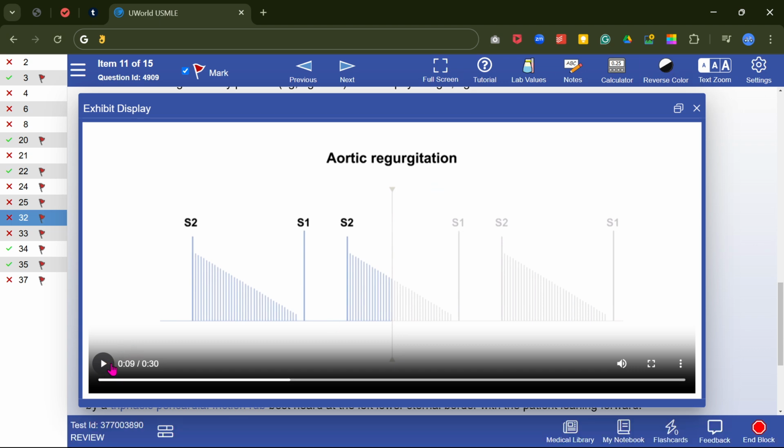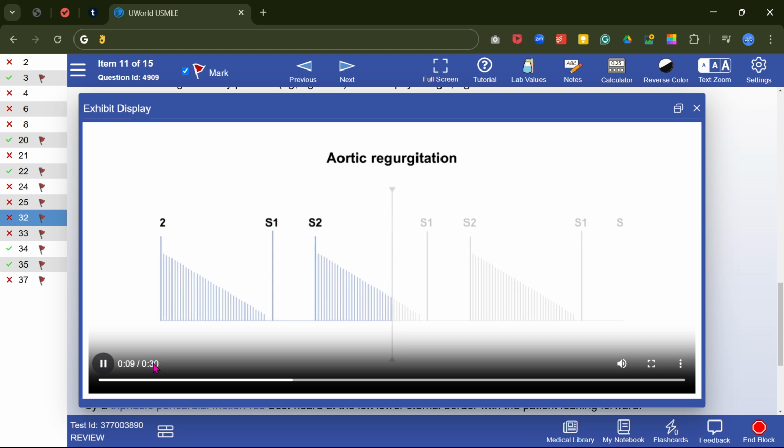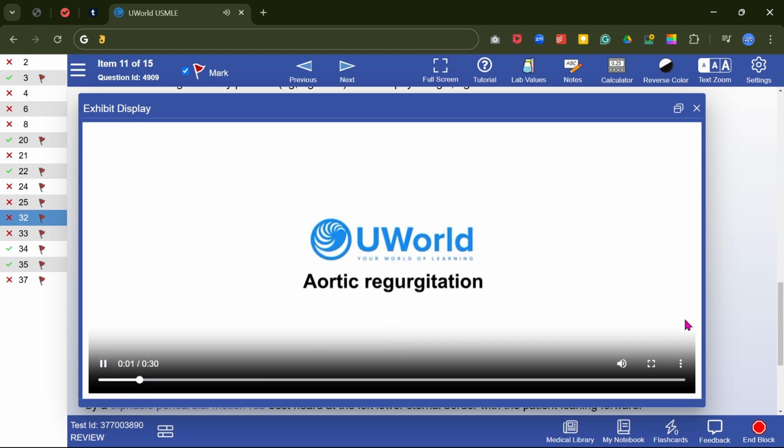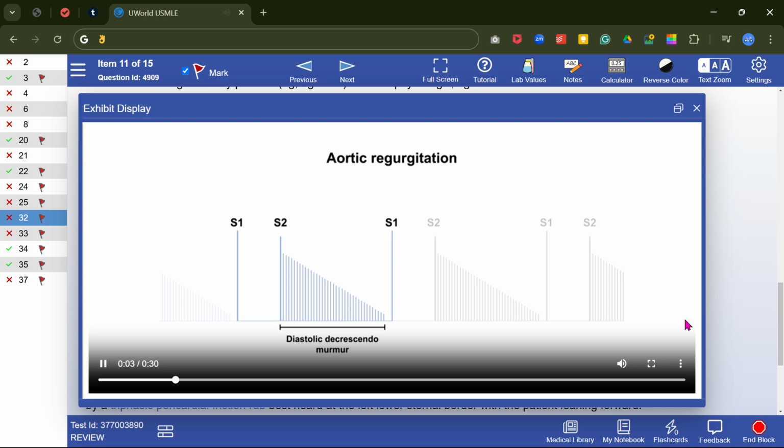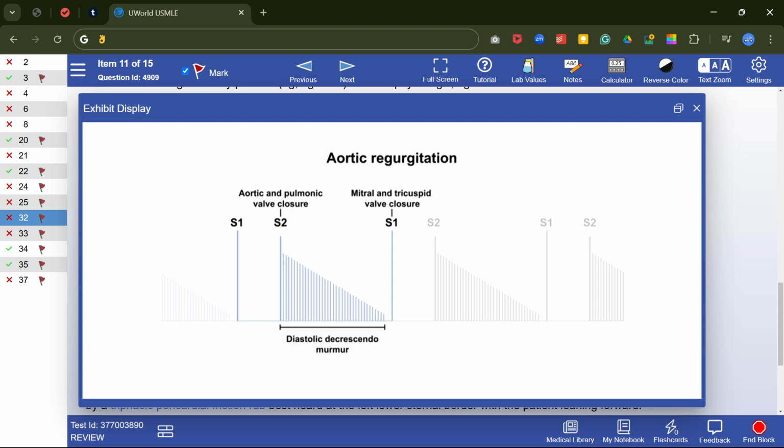So this is aortic regurgitation. In aortic regurgitation, what type of murmur can we find? In AR, an early diastolic murmur can be found. So diastolic decrescendo.